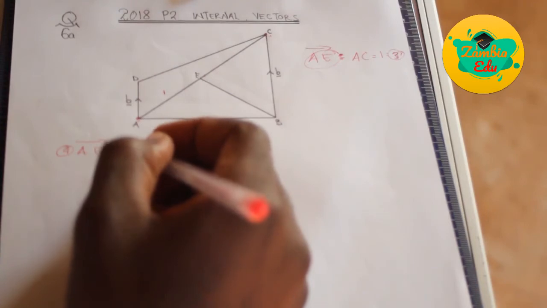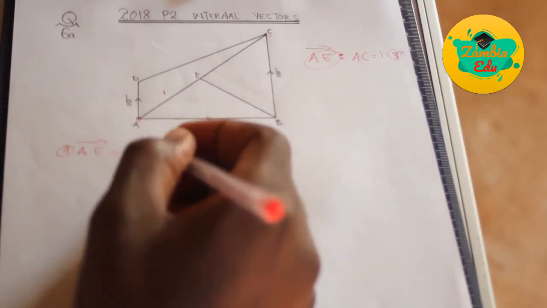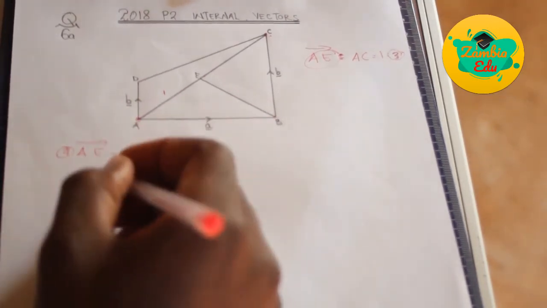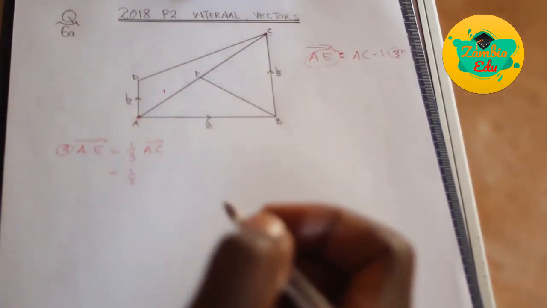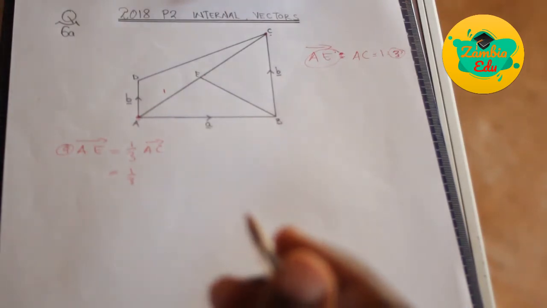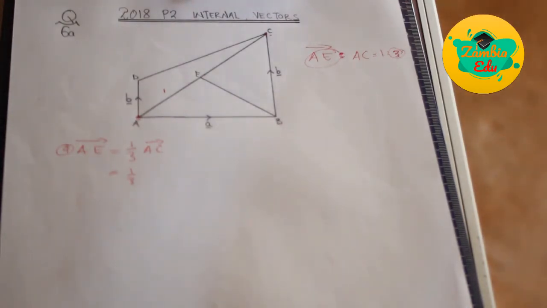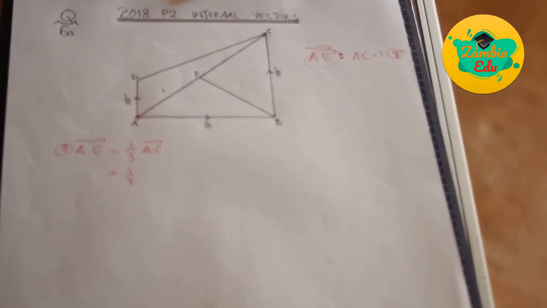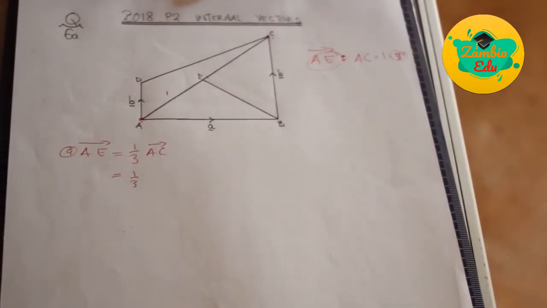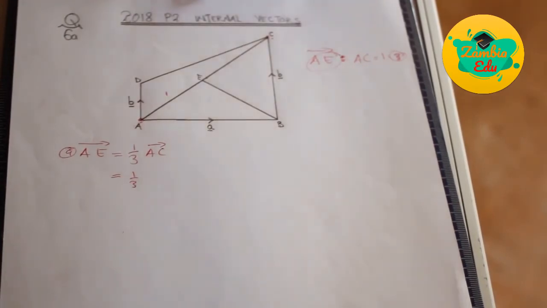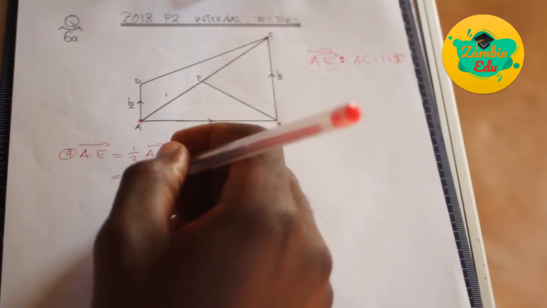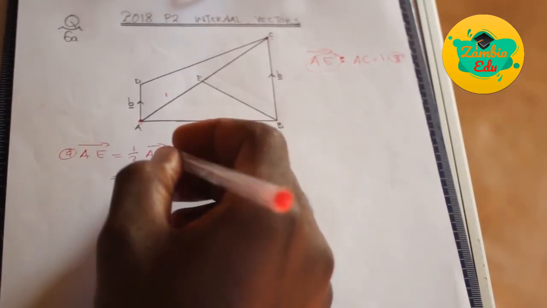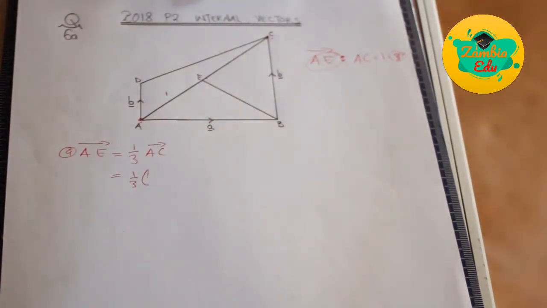Of the line AC, which will be equal to 1/3 open bracket AC.